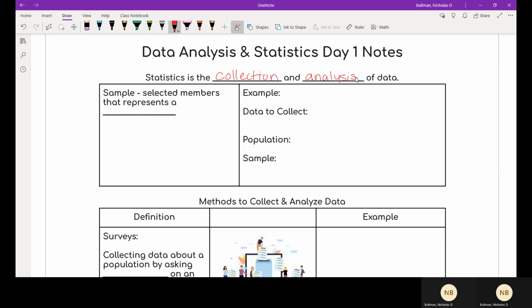It happens when talking about diseases, medicine, population, you name it, we can basically find a stat on it. We can't survey everything in the world, so we take samples of it. Samples are selected members that represent a population.